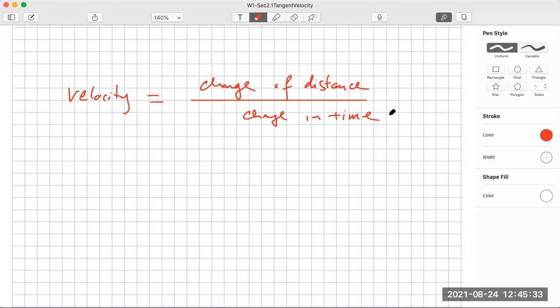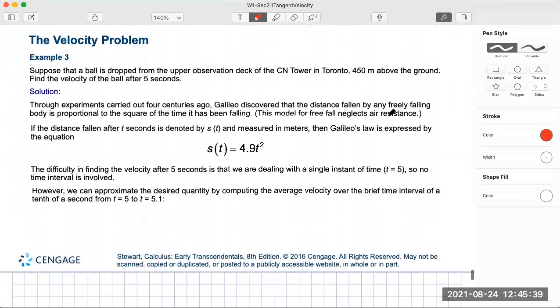Okay. Now, let us take a look at the models here. So it is proven. For example, you drop something from the CN Tower in Toronto, the height of that will be 450 meters above the ground.